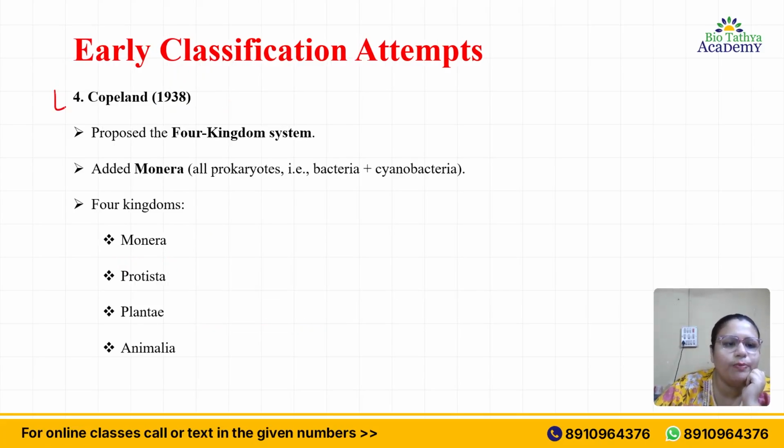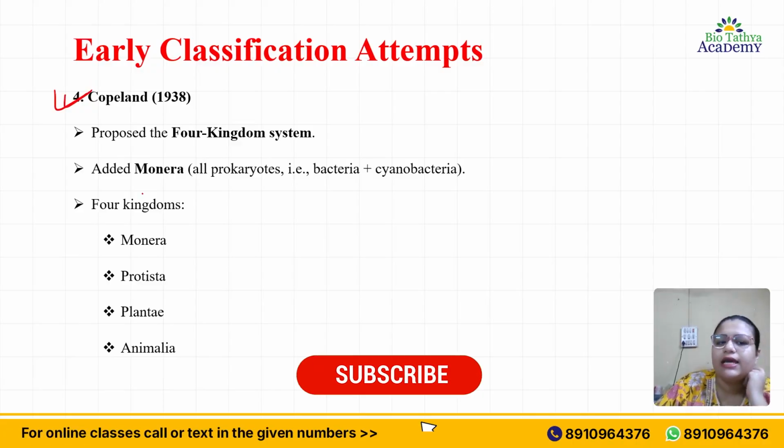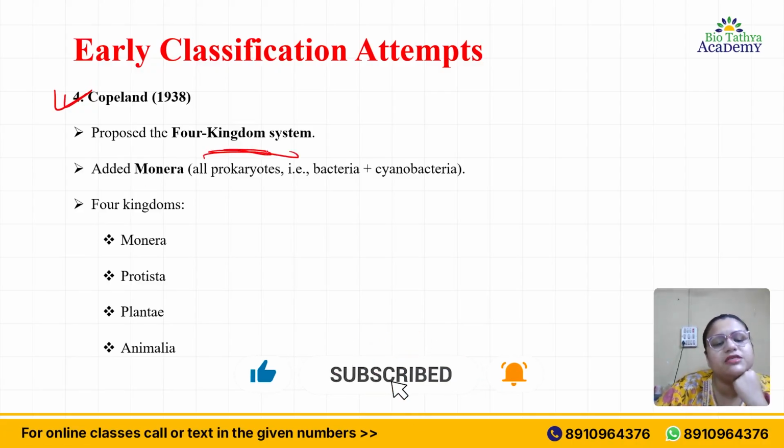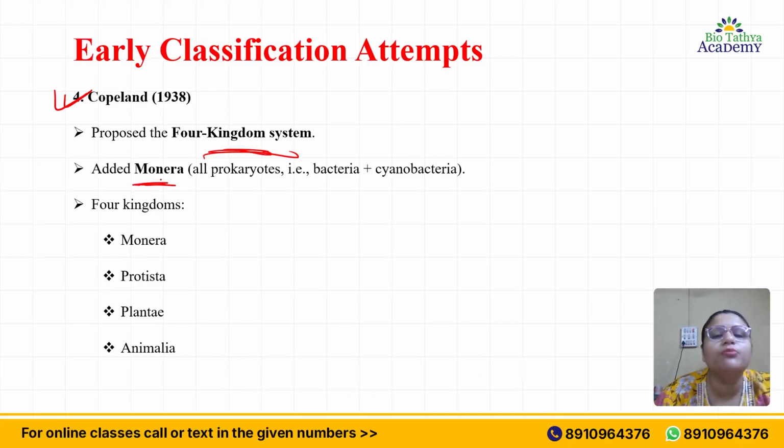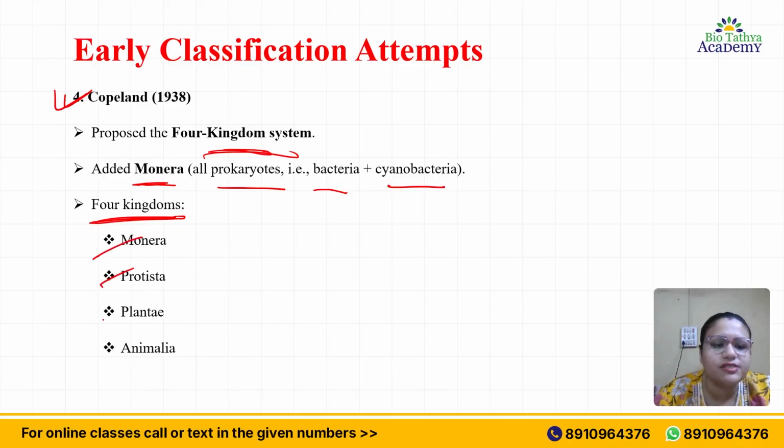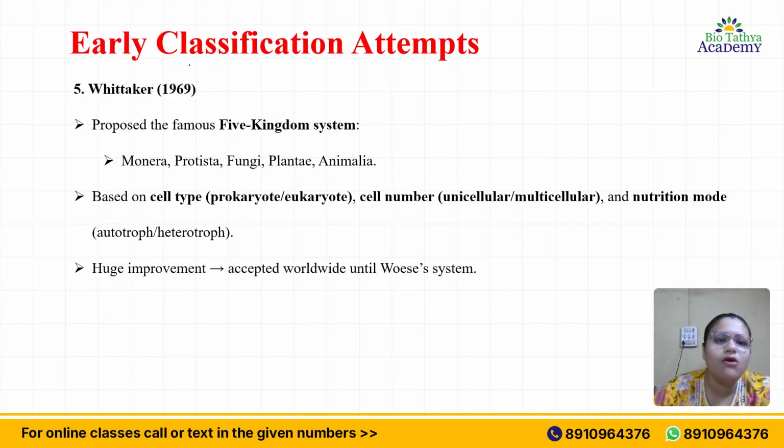Then came Copeland. He proposed a 4-kingdom system, now from 2 to 3, then from 3 to 4. He added a new kingdom called Monera, which contained all prokaryotes, that is bacteria and cyanobacteria. So the 4 kingdoms were Monera, Protista, Plantae, Animalia. Now came Whittaker.